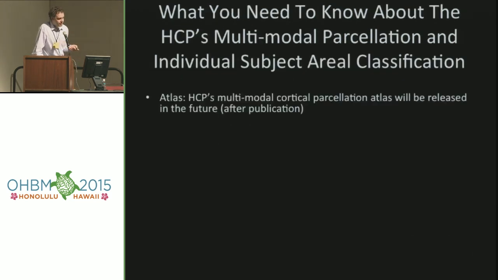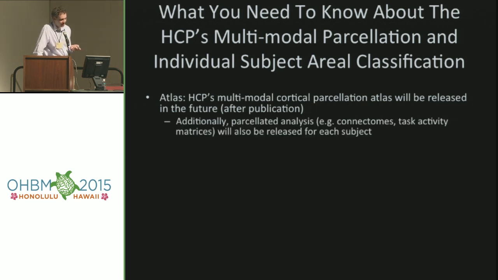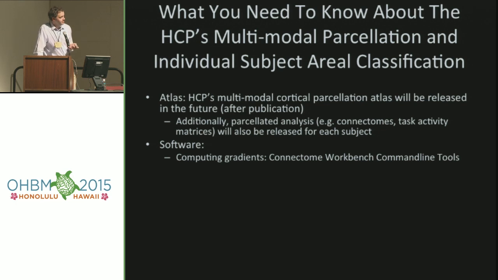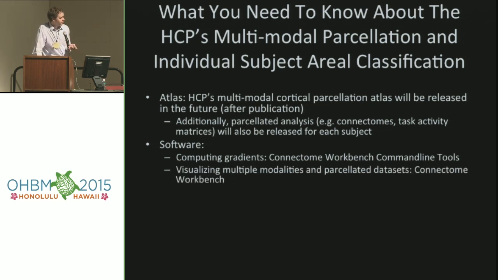So what do you need to know about the HCP's multimodal parcellation and individual subject areal classification? We're going to release this parcellation in the future after we've published it, which we're working on right now. Additionally, we're going to release parcellated analyses, parcellated connectomes, task activity matrices, et cetera, for each subject. The software for computing gradients is already available in the Connectome Workbench command line tools.